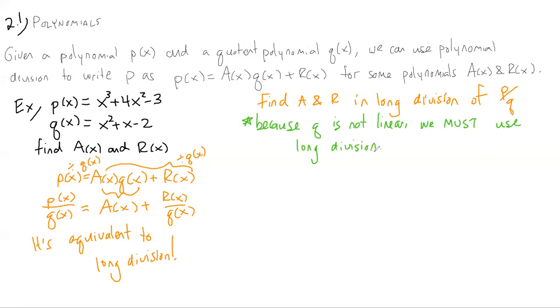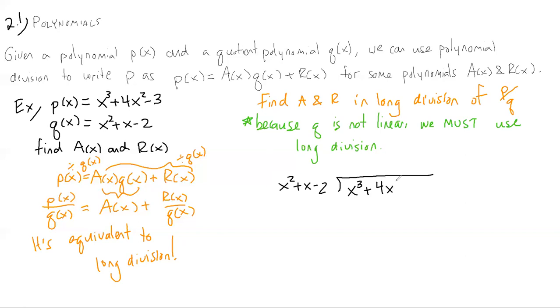So we don't get to use the shortcut one for this, but we can set up our long division. So I'll set up a Q, the denominator, on the outside. On the inside, I will have my numerator, or my P in this case.